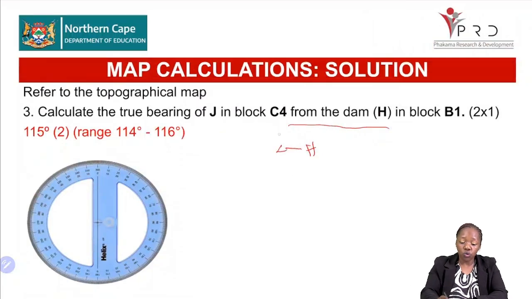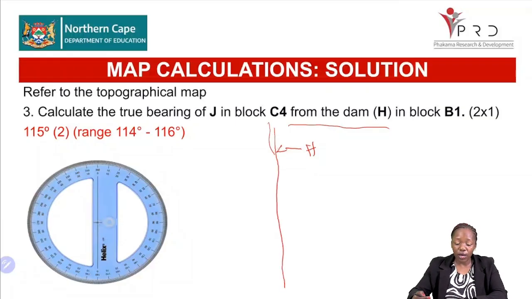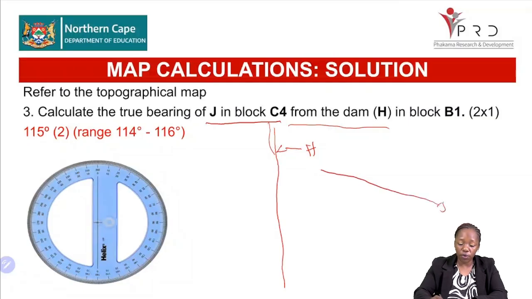So remember our true north line, we draw it straight to the triangle or to the arrow. And then afterwards, we were also given J, which is in block C4. So that J in block C4, you then connect like this.